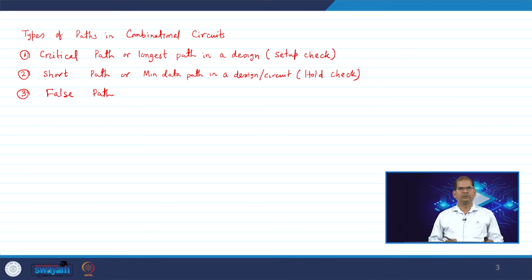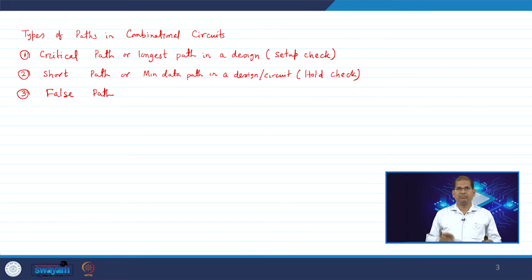In certain input conditions that path will never be activated, but if you do not ignore it, it will act as a critical path and falsely tell that my critical path delay is so long, though it is never activated at any time. So, these three types of paths are there in combinational circuits.